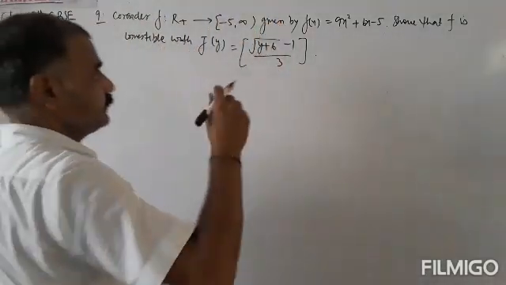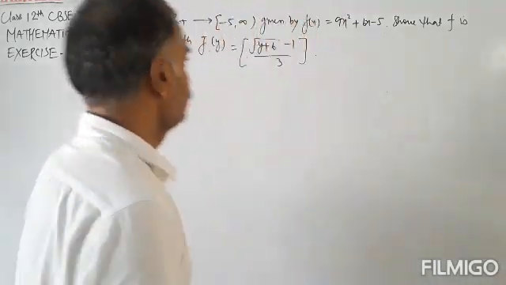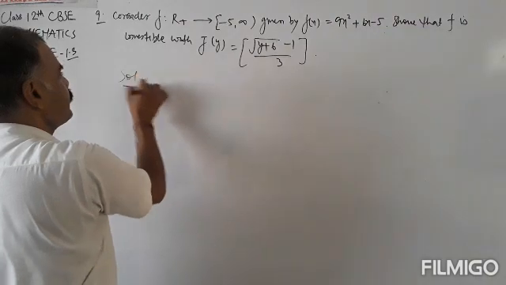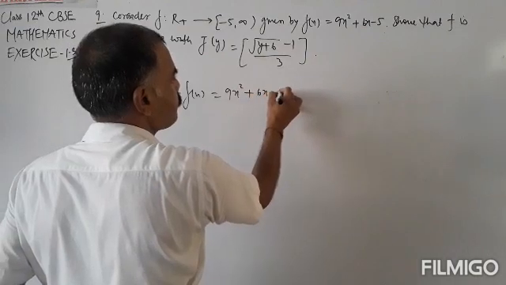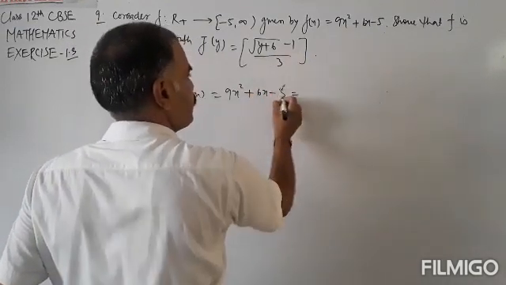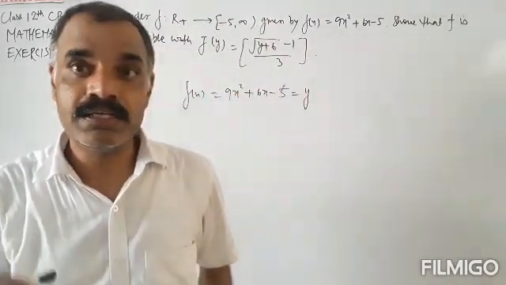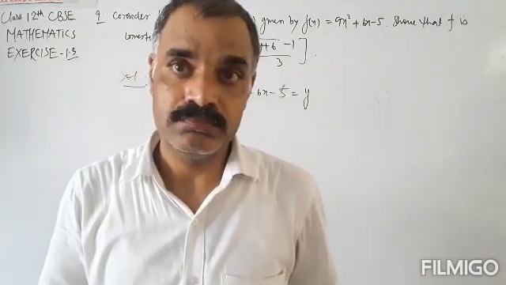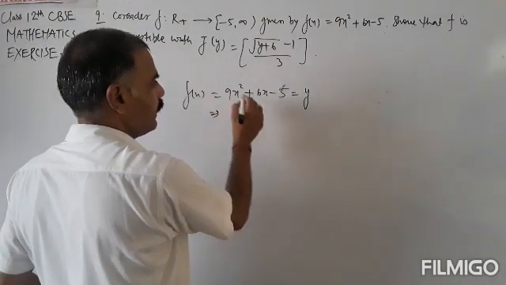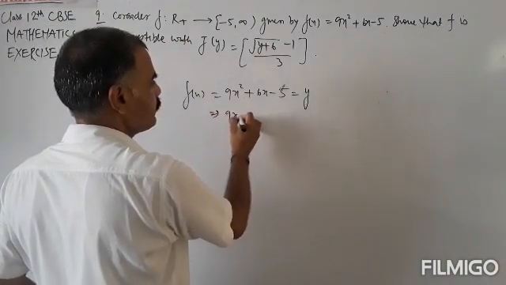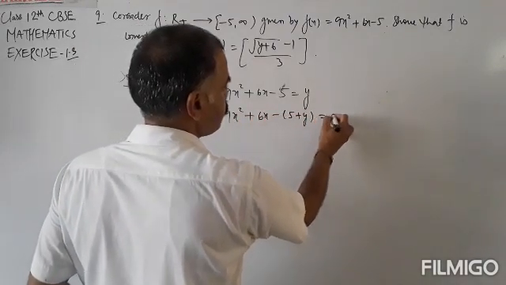So first of all we will find the g. The solution is just like this. f(x) is equal to 9x square plus 6x minus 5, and let us take this equal to y. Now we will find x in terms of y, and that x will be g(x). So 9x square plus 6x minus 5 plus y equals 0.